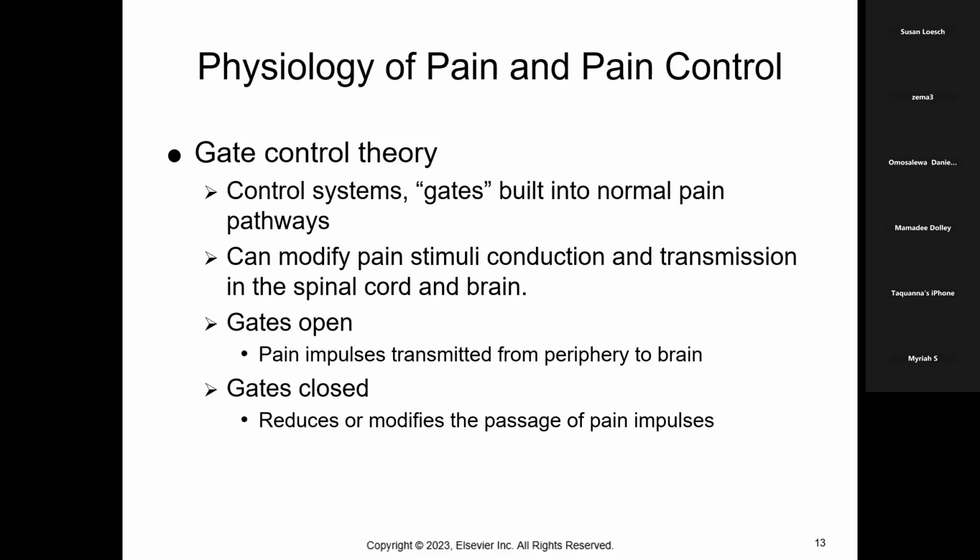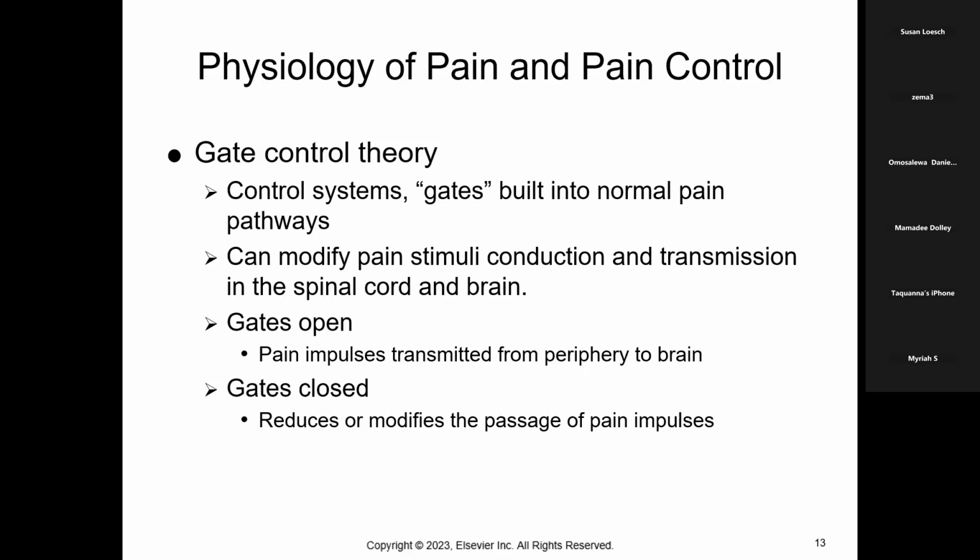So really, this is what they base the TENS unit and ice packs and heat packs off of. Okay. So according to the theory, there are gates built into the normal pathway in the body that can modify the entry of the pain stimuli into the spinal cord and the brain.